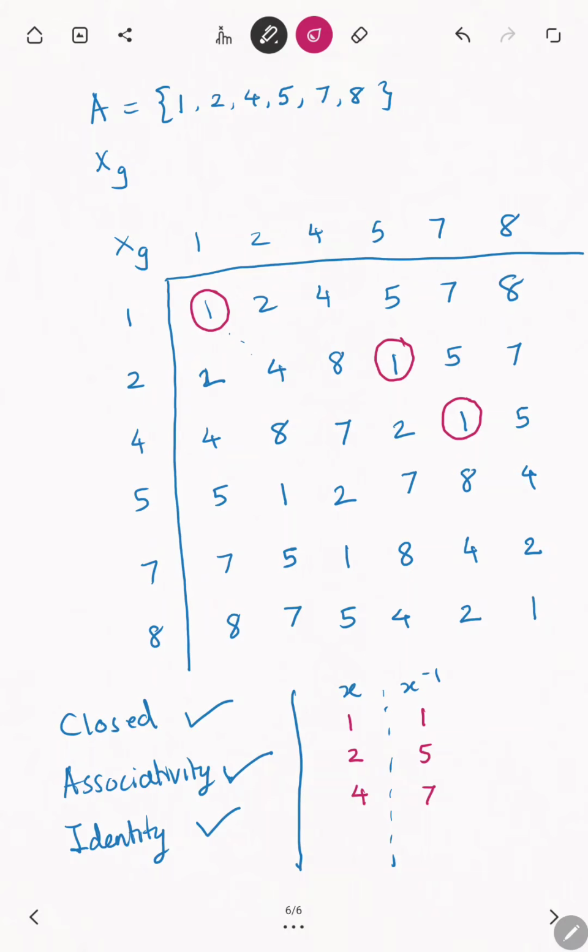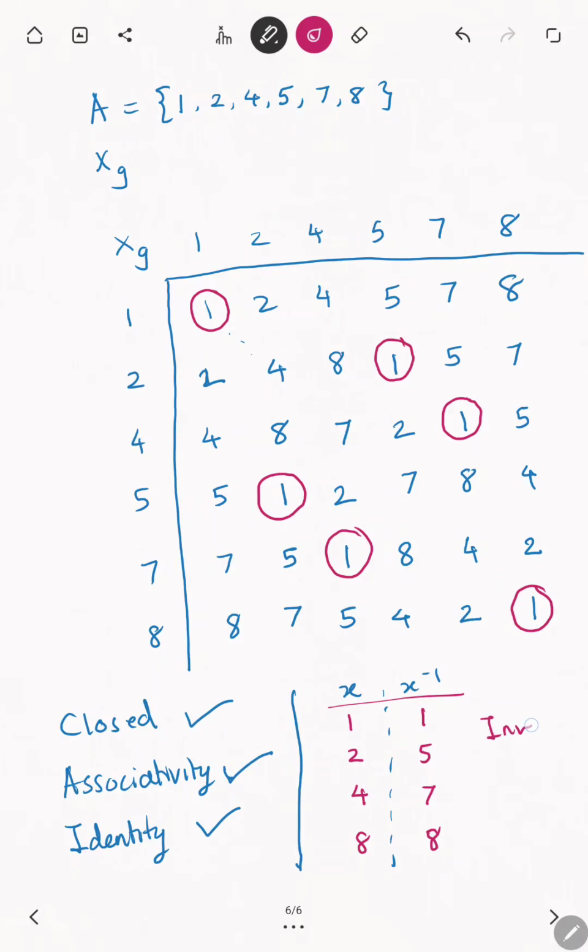Then for 5, you can simply say that 2 is the inverse of 5, 5 is the inverse of 2, vice versa is always true. 7 is the inverse of 4, 4 is the inverse of 7, that will also be true. Now for 8, 8 is again the inverse of itself, right? So this is the inverse.